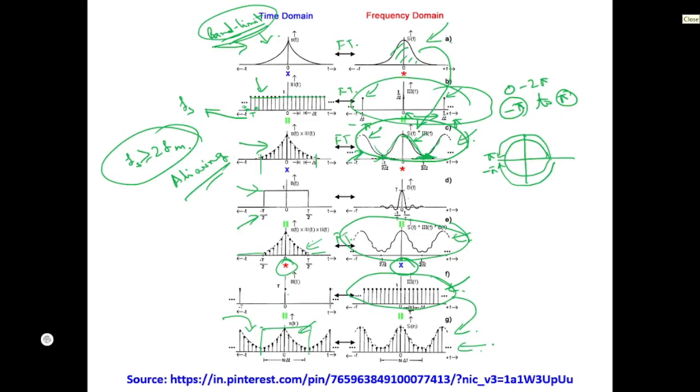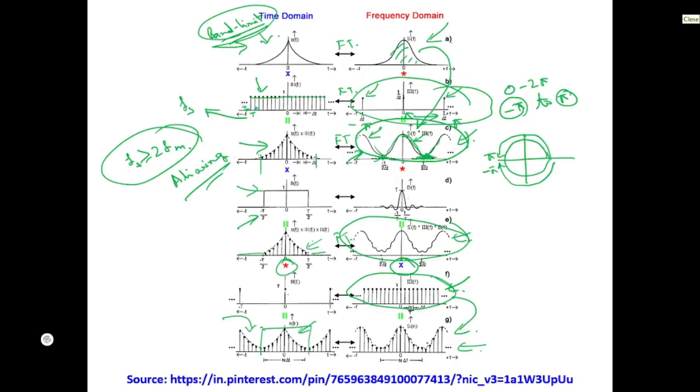Now under this condition, if you see, both the time domain signal and the frequency domain signal are discrete in nature. So when both of them are discrete in nature, that means our digital systems will be able to handle it.